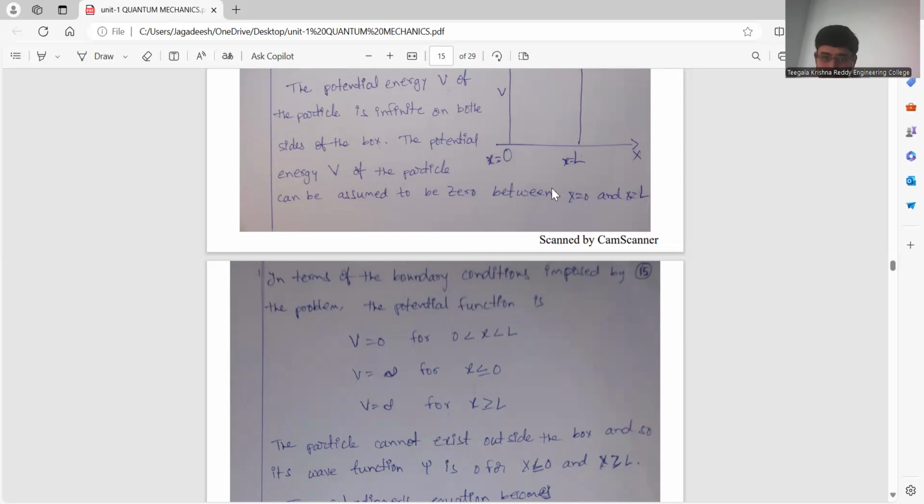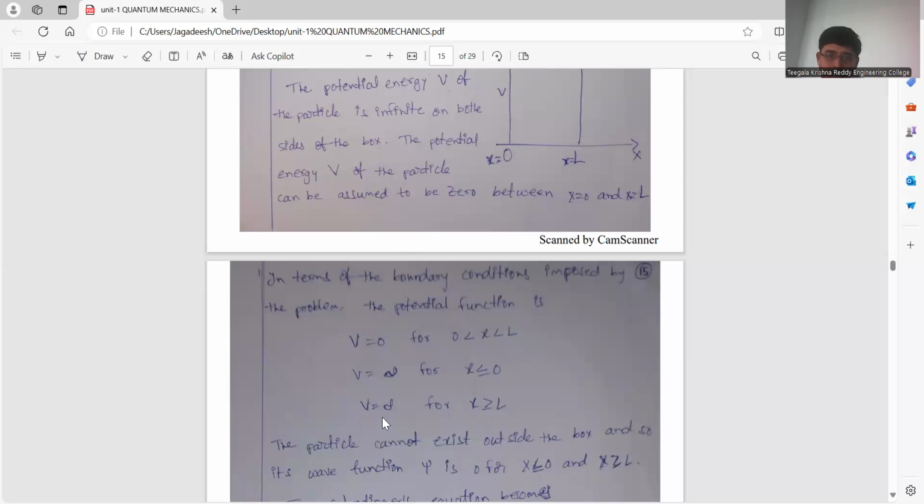Only kinetic energy. Another: V equal to infinity for x equal to or less than 0. Here the potential energy is infinity.